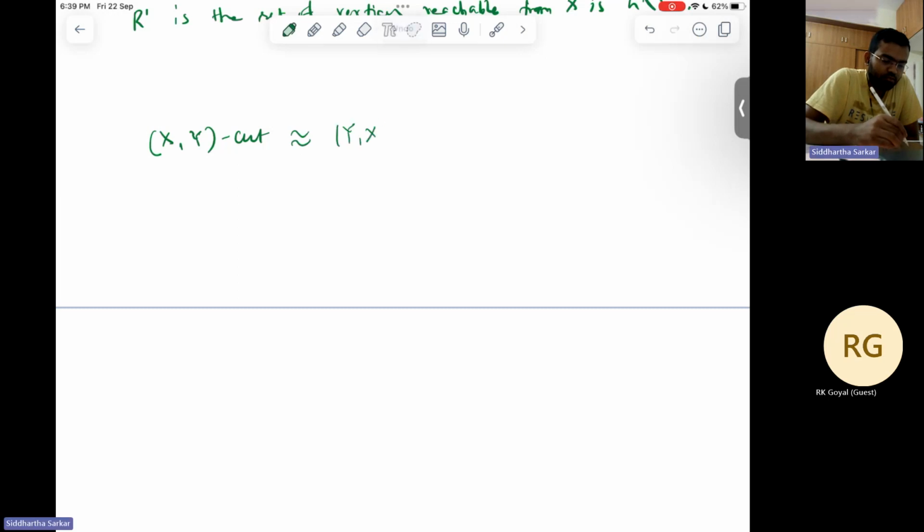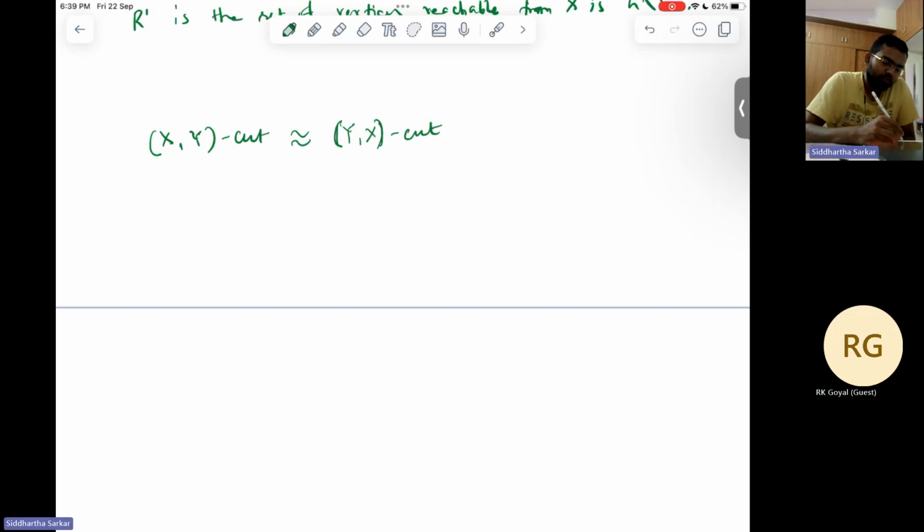Whatever set of edges disconnects X from Y also disconnects Y from X. We're talking about undirected graphs only right now.